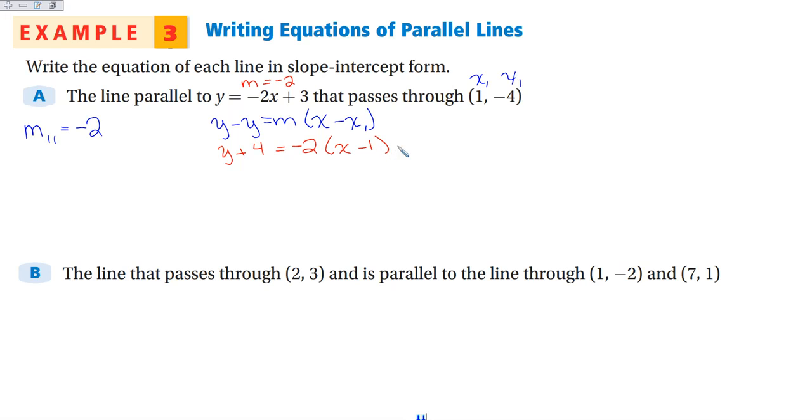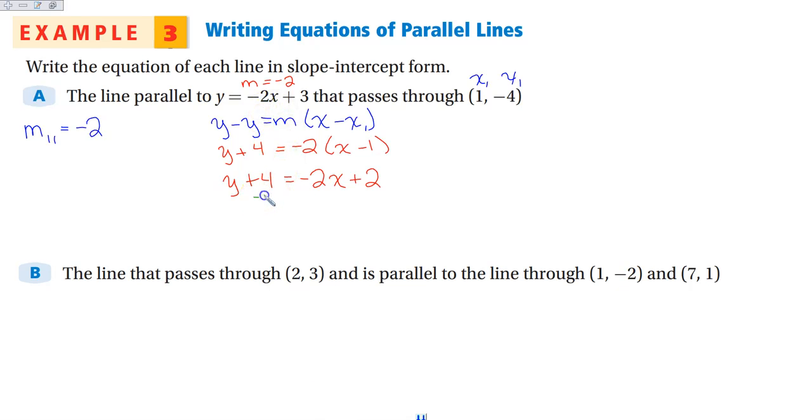So in order to get it in slope intercept form, we are going to solve for y. The first thing that I'm going to do is distribute my negative 2. So I'm going to have y plus 4 equals negative 2x, and then negative 2 times negative 1 is a positive 2. Again, all I did was distribute that negative 2 throughout the parentheses.